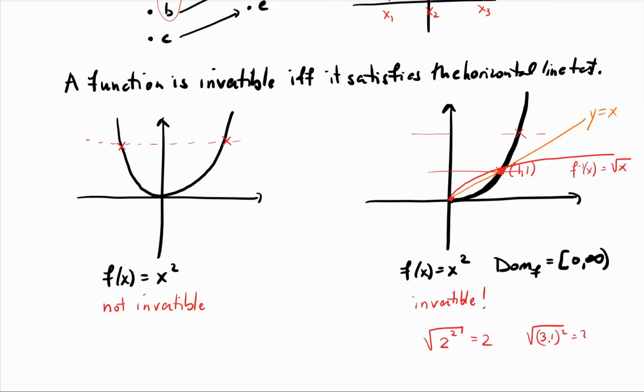So the square root function and the squaring function cancel out each other, and I can do it the other way around. If I take the square root and I square it, I get back 2. So this is like doing f inverse of f of 2, and this is like doing f of f inverse of 2. In both cases, I'm supposed to get back x. I'm supposed to get back 2.